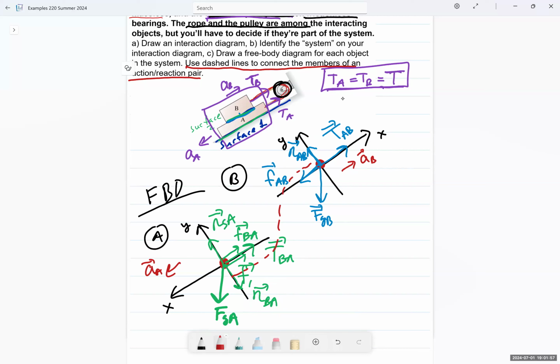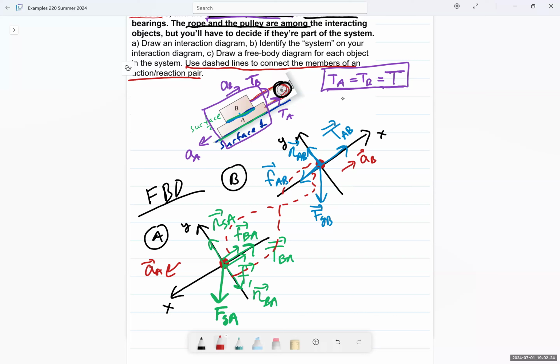We also have the friction that they exert on one another. We can write FAB is down, FBA is up. They're again in opposite directions. So that's another action-reaction pair. There's also tension. Tension AB and BA are interacting as well.